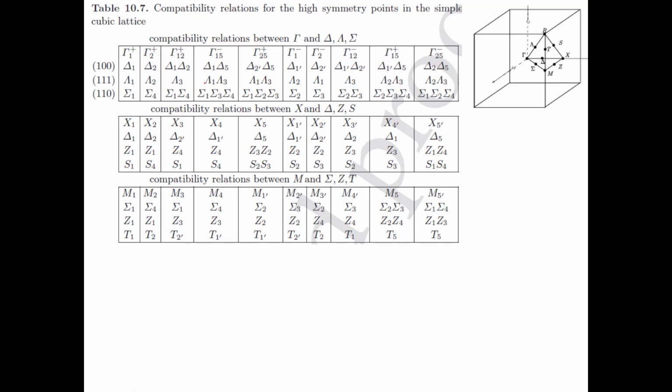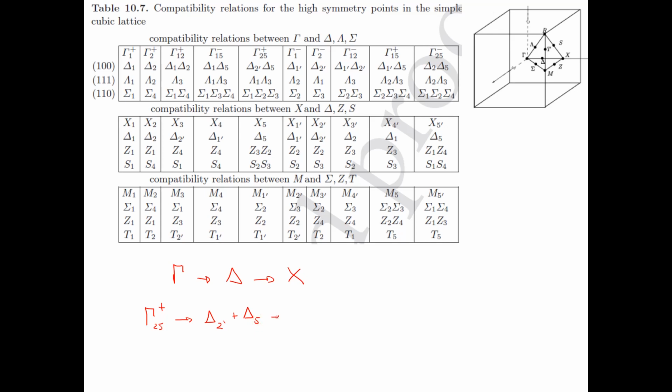For instance, let's take this case, gamma to X. So I want to go from gamma to the delta direction and then back to a higher symmetry point, which is the X point. Okay, so I know that, for instance, gamma 25 plus decomposes into delta 2 prime and delta 5.